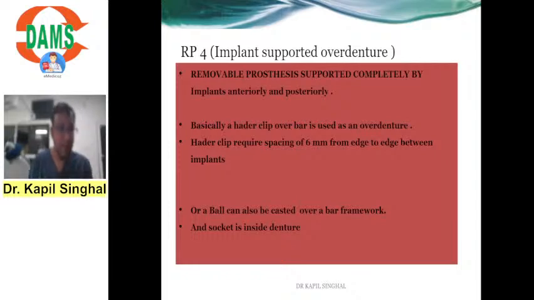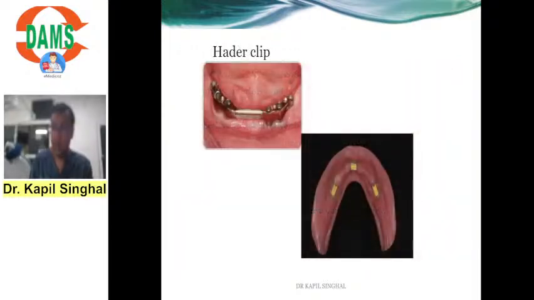Now what is an RP4? In RP4, you place implants and the denture, the removable denture, takes the support only from the implant bar. The denture will not rest on the soft tissue anywhere.